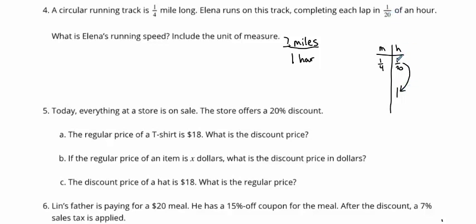We're going to multiply that by 20, right? If we have 1/20th of an hour, 20 of those would equal 1 hour. So we scale this up also 20 times. So 1/4 times 20 will tell us how many miles in 1 hour. 1/4 times 20 is 20 over 4, which simplifies to 5 over 1. So 5 miles per hour.